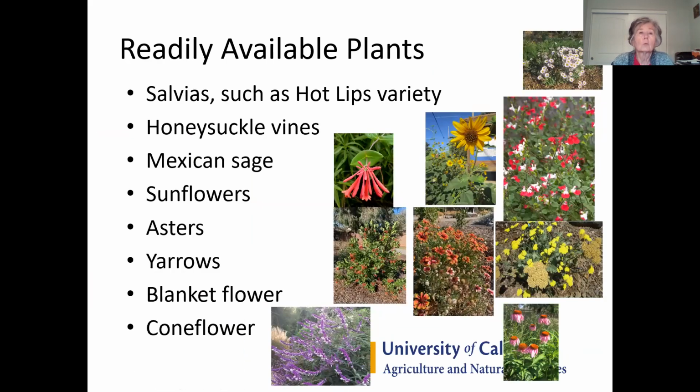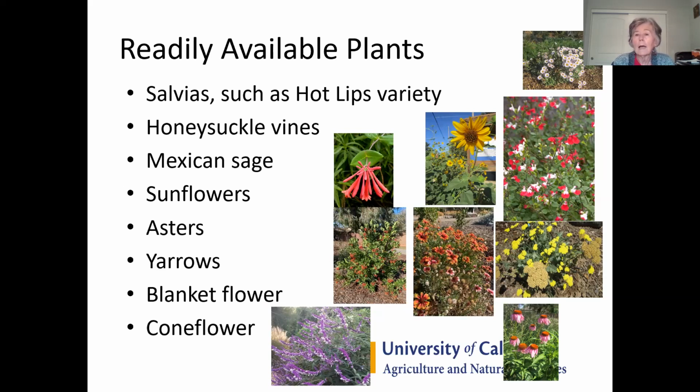Now, there's also readily available plants at your local nursery, which are not native, but they're also very attractive to butterflies, monarch butterflies, that provide a good source of nectar. And again, salvias are always a dependable plant. Honeysuckle is another one. Mexican sage, which is in the salvia group.